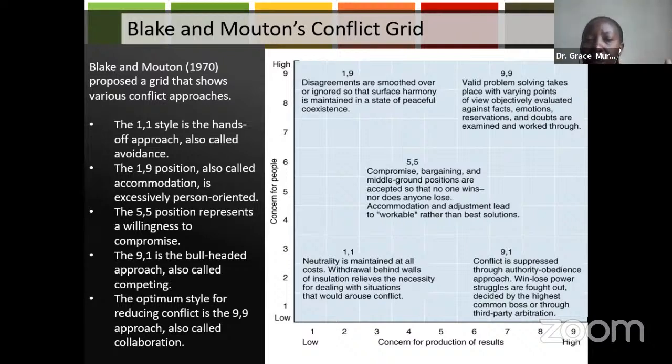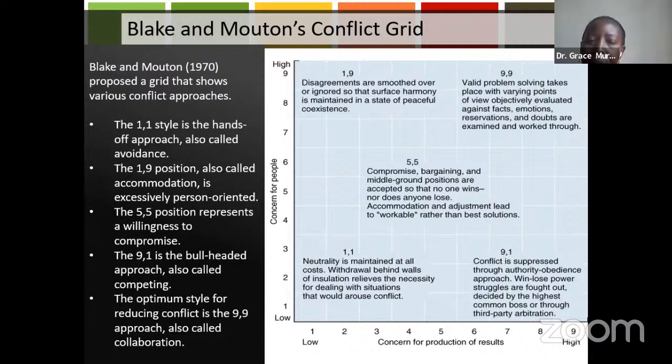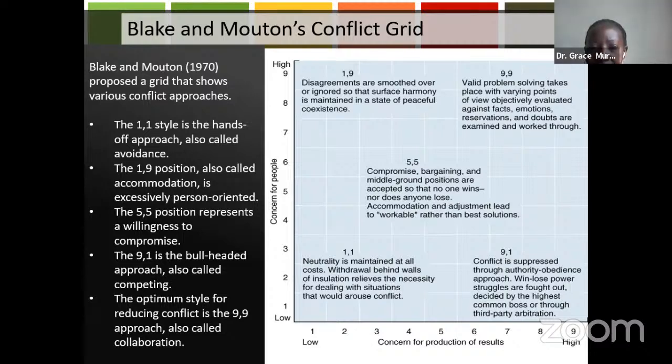Or are we able to give a balance? Both matter, both are important. Remember, conflict, we said, is about two or more parties disagreeing. So whether we want it or not, when there is a conflict, people are involved. There are relations involved. So there has to be concern for people, because it's about relations.